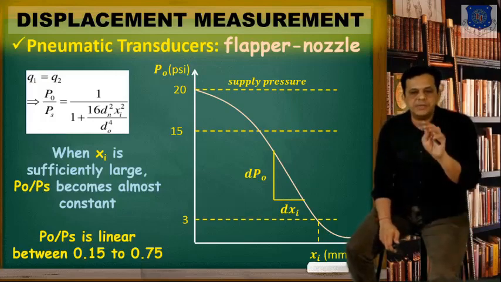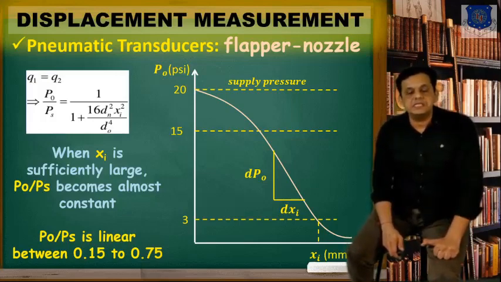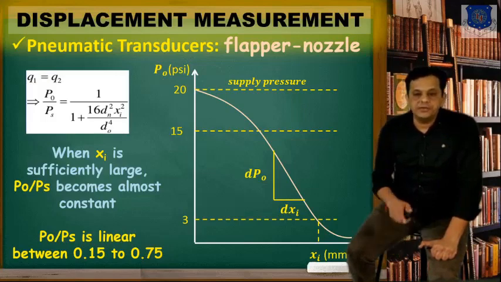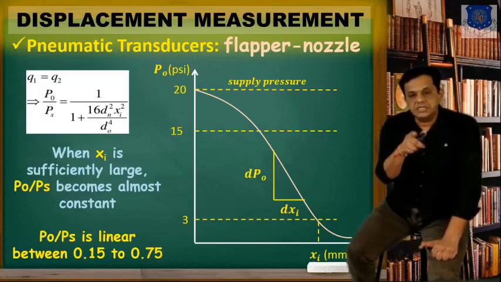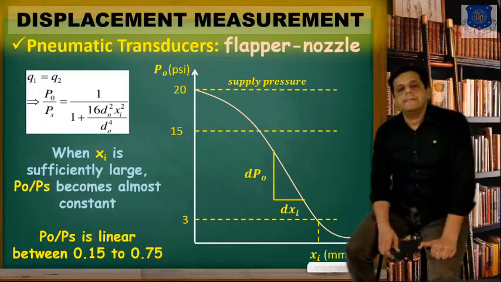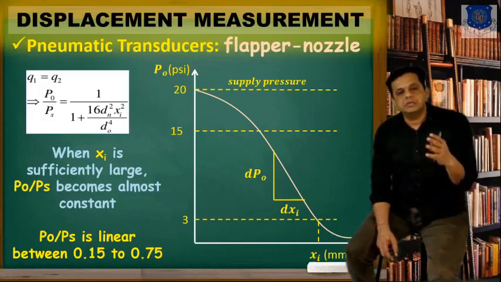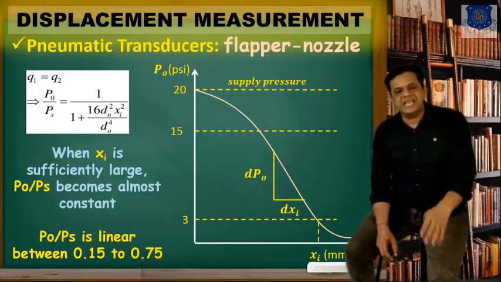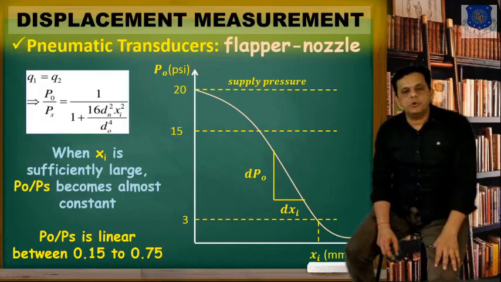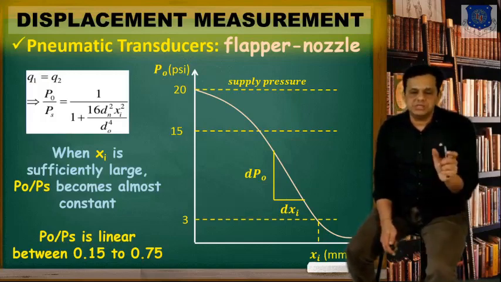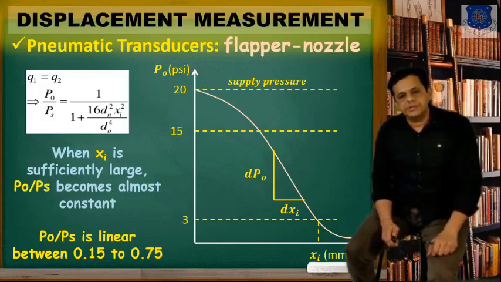And please remember this data, PO by PS is linear between 0.15 to 0.75, that is the range of 3 to 15 psi pressure. Otherwise, beyond that, at a large value of Xi, PO by PS will become constant and will not be able to sense the displacement.